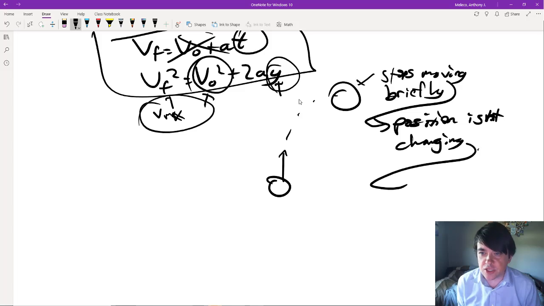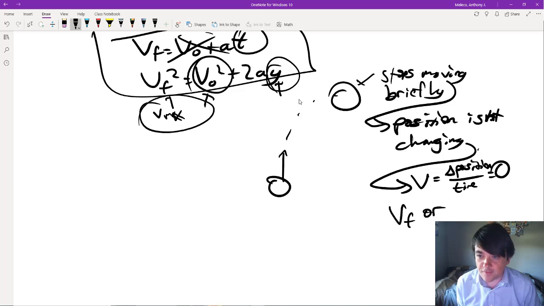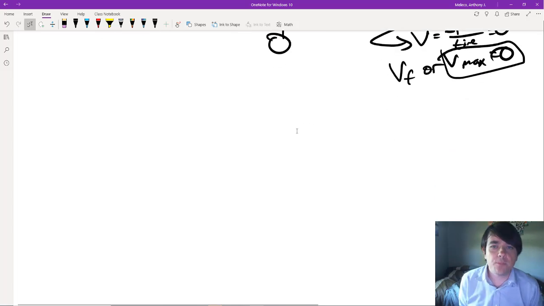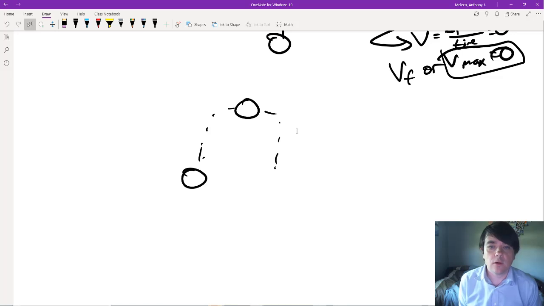If position isn't changing, that means V, which is change in position over time, would be 0, right? Which means our V final or V max at the peak is 0, okay? And so this is true. When you throw something up in the air, your V max is 0. What people typically confuse this as is that, so V here is 0.